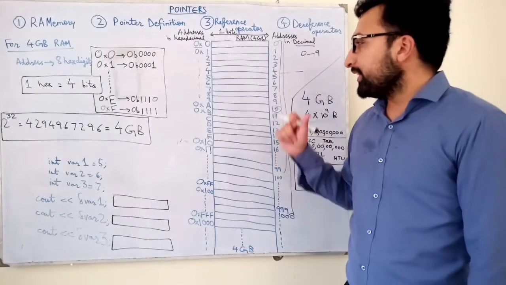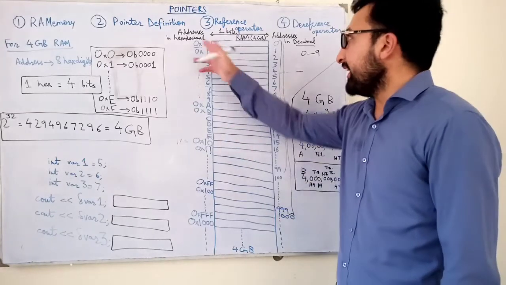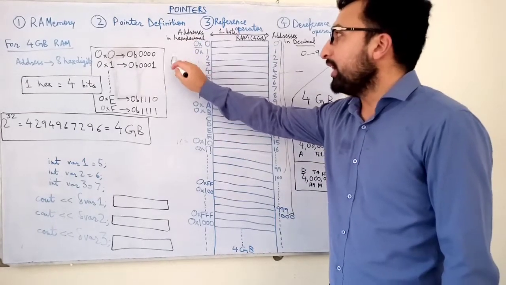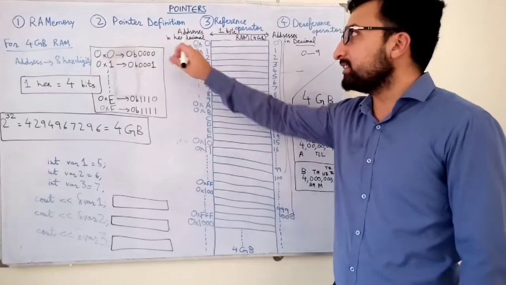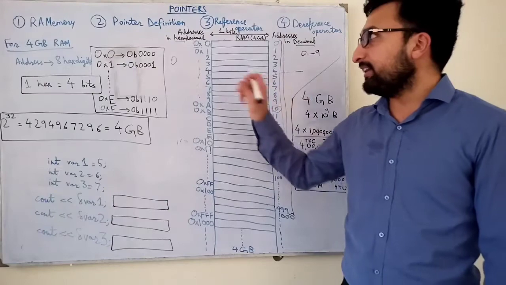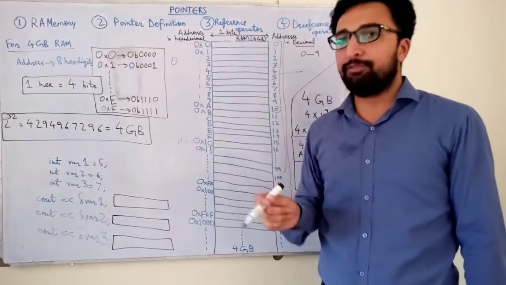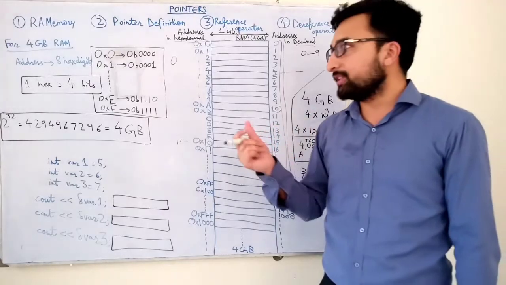Now when we have to access in hexadecimal number systems, we have 16 different possibilities. Hexadecimal stands for 16.